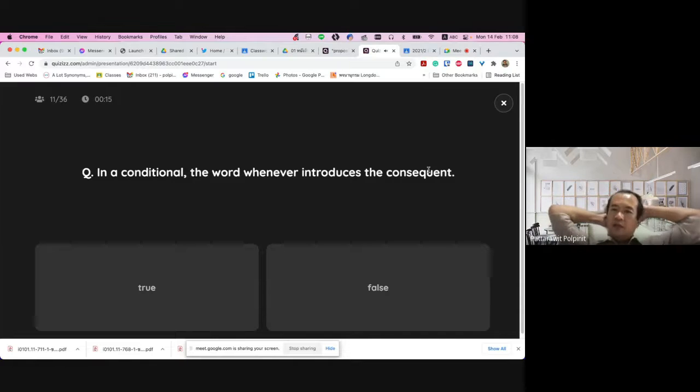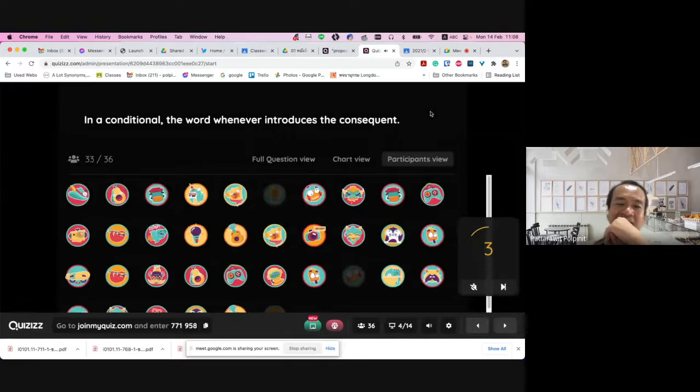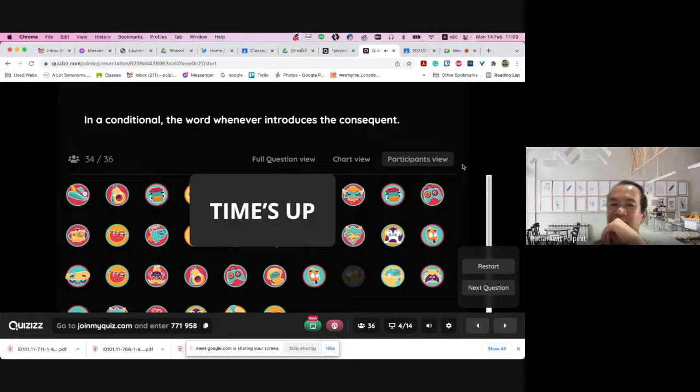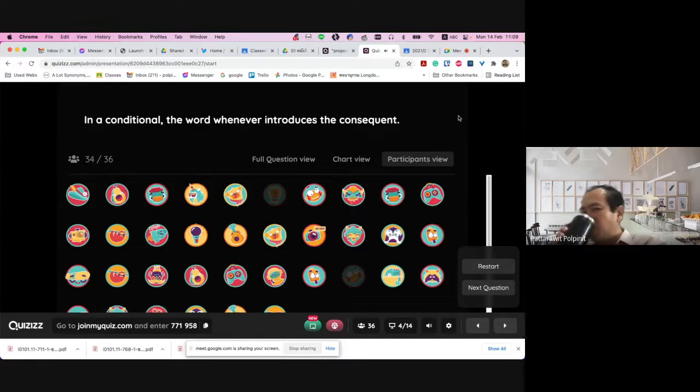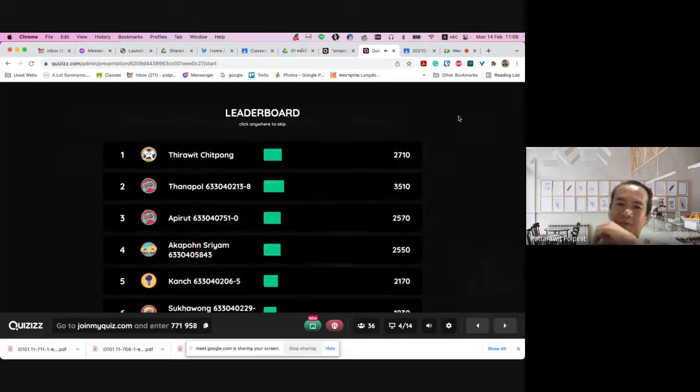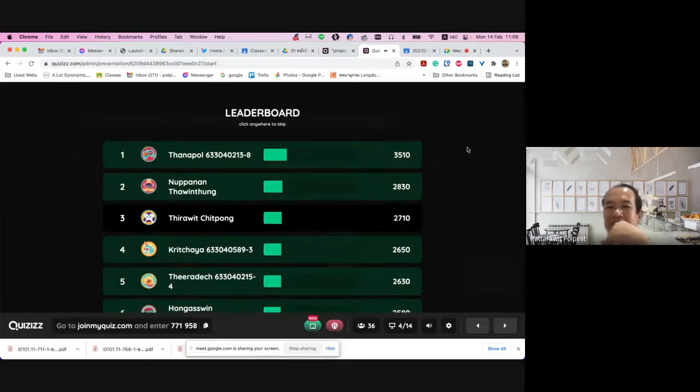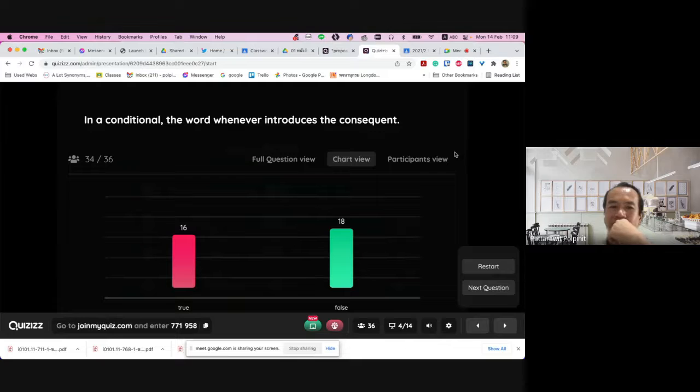In a conditional, the word whenever introduces the consequence. This one is a bit harder. A conditional statement is: if P then Q, right?